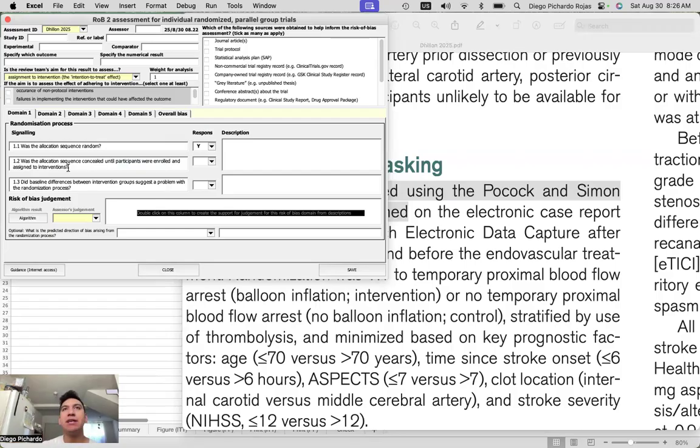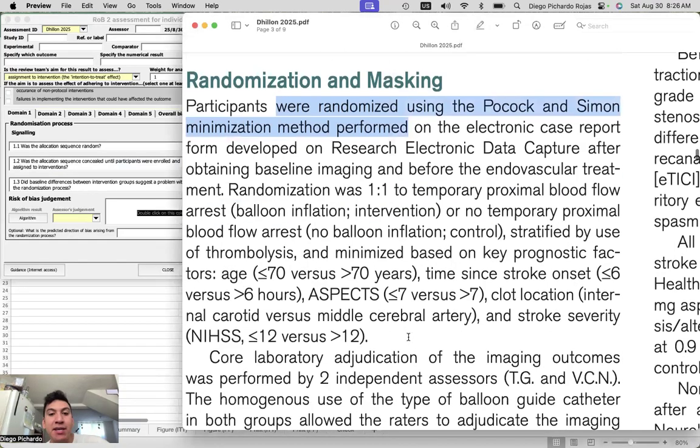What we usually do is conceal the fact of which group they were randomized into. They are randomized and blinded, and we never tell them what group they were randomized to. That is the ideal. They should not know what group they were randomized to.